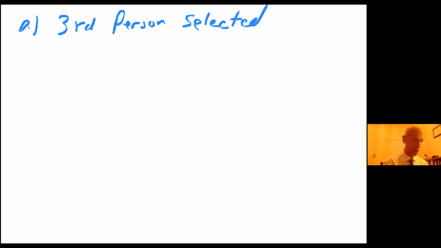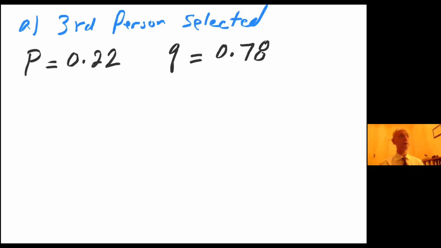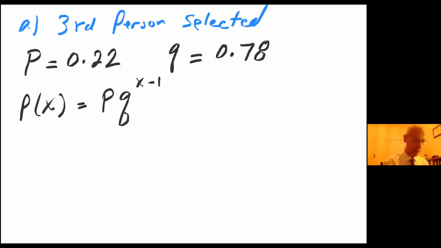So part A, we said the third person selected. All right, using the formula, according to this example, we said that 22% of former smokers, so P equals 0.22. Therefore, Q is 1 minus that, so that gives me 0.78. All right. So we know that P of X is P times Q to the power of X minus 1.